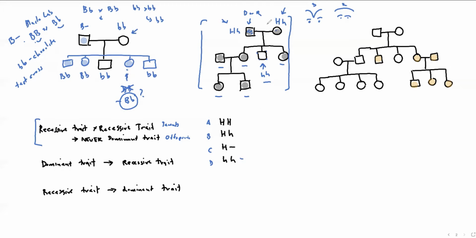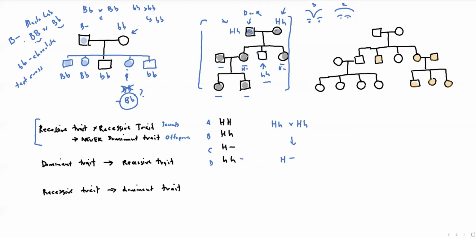Well, you have to take into consideration that if you have a heterozygote crossed with another heterozygote, and you've got an offspring that has a dominant trait, it might be big H, right? Or it might be big H, little h. In other words, you can't infer anything about these two offspring right now. You would have to say that these are both big H, little h, or big H dash.